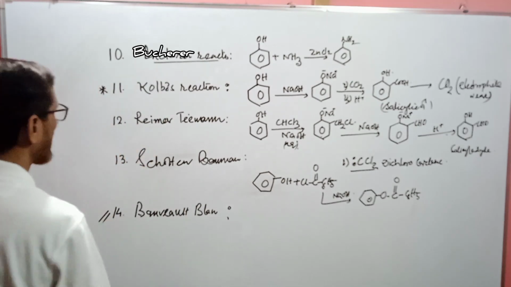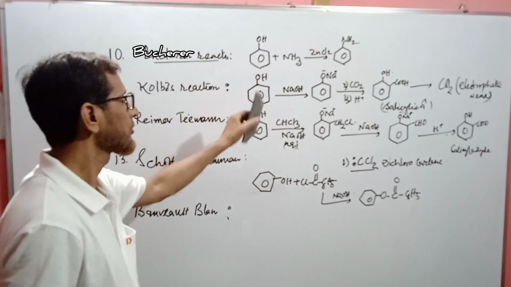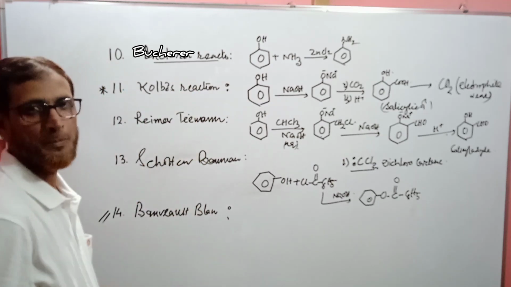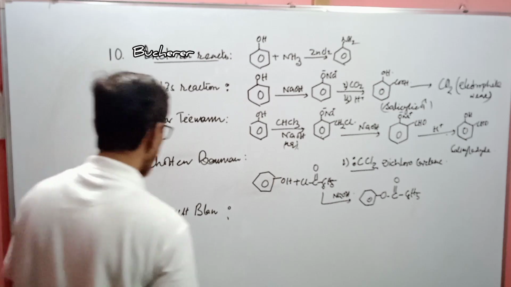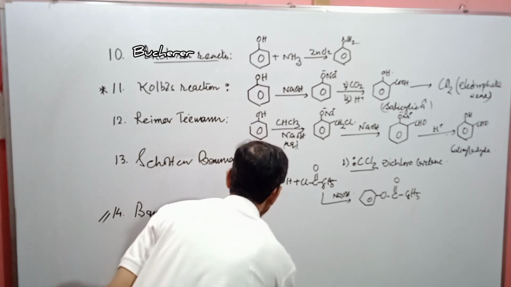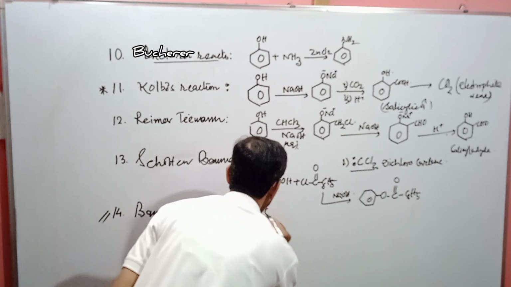This is not related to the reactions of phenol, but it is the preparation of alcohol. So I have just categorized all the name reactions in one place. That's why I have written it. You write in this way.